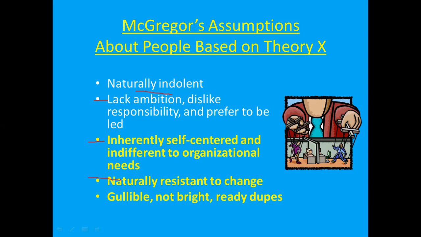So what is the meaning of naturally resistant to change? A change is inevitable. That's why the change can be done at any point of time. Next, gullible, not bright.